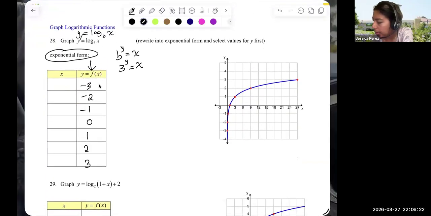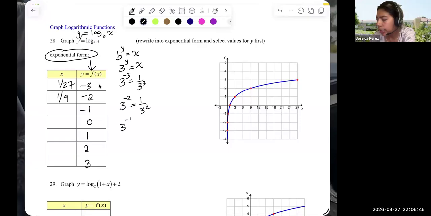So when we plug in 3 to the -3, that's going to be 1 over 27. Now your x is going to be different. So your independent value will now be y and not x. So then you have 3 to the -2. The next one is 1 over 3 squared, or 1/9. 3 to the -1 is 1/3, like so.